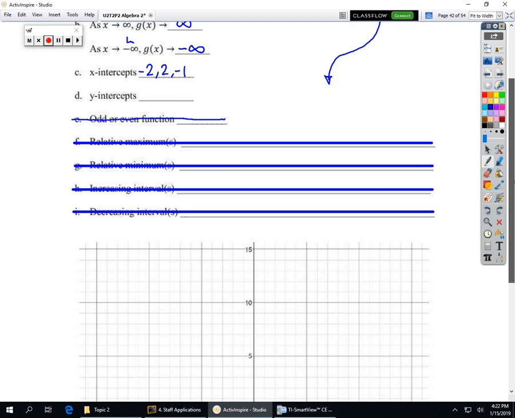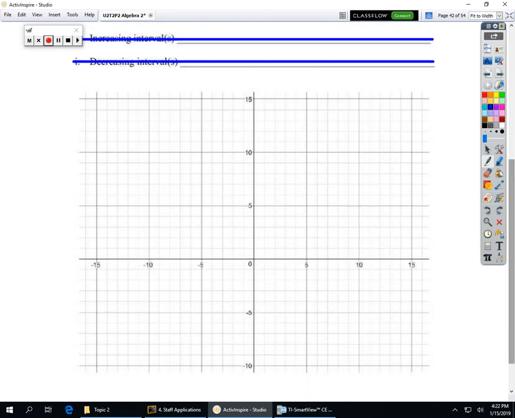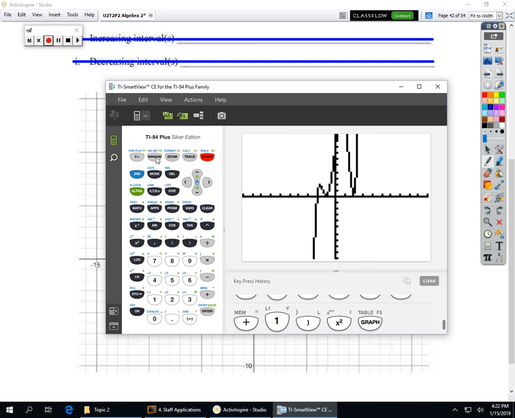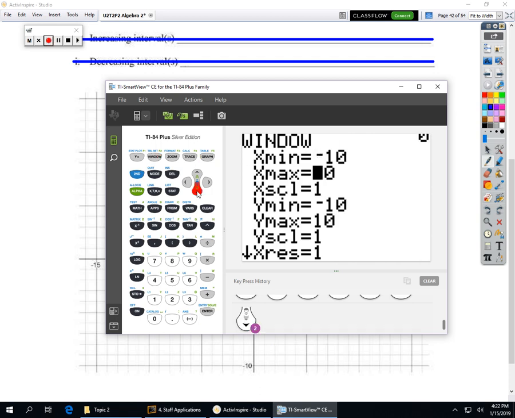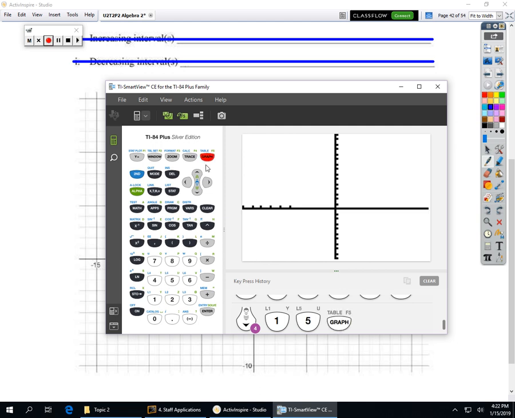And if you take a look at this graph, you see it goes all the way up to 15. So to make it easy for us, let's go to our window and change your y maximum value to 15. That might make it easier for us to see this. There you go. So it goes up, up, and even higher.